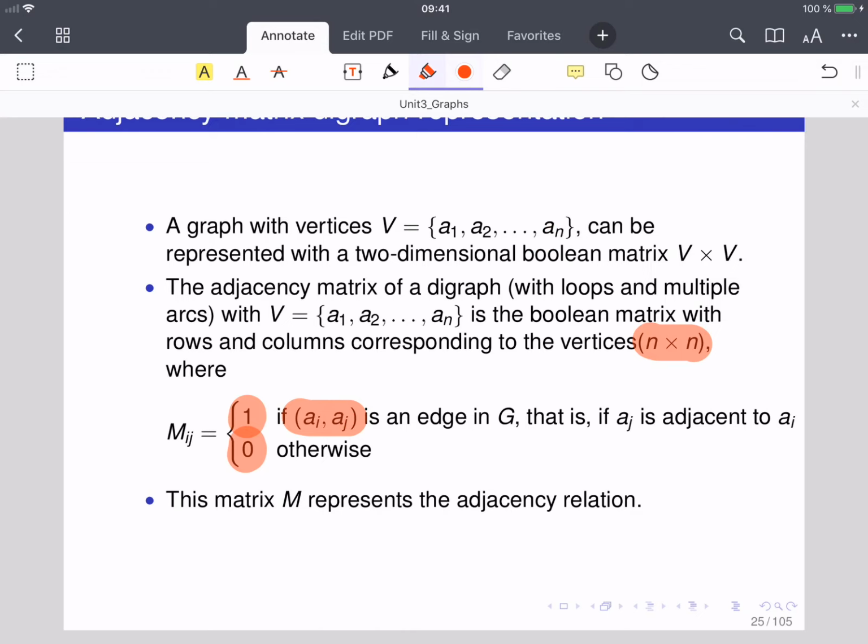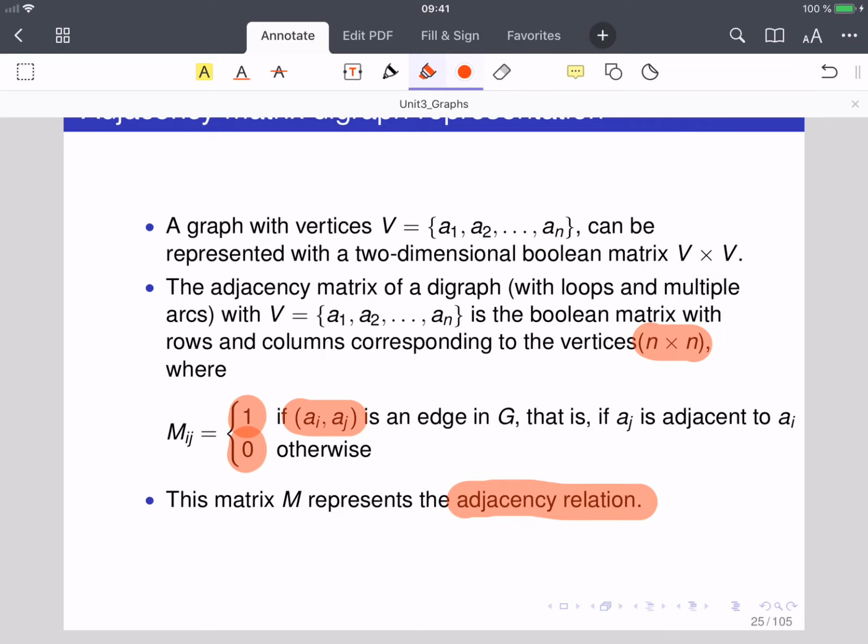We can see that this matrix represents the adjacency relation. If we have this matrix, we can know which vertices are adjacent to which vertices. And in fact, we have all the information about the graph because we can deduce what the edges are, and the number of vertices is given by the number of rows and the number of columns. So with this matrix, we have all the information about the graph.